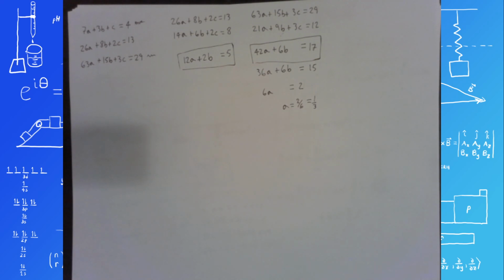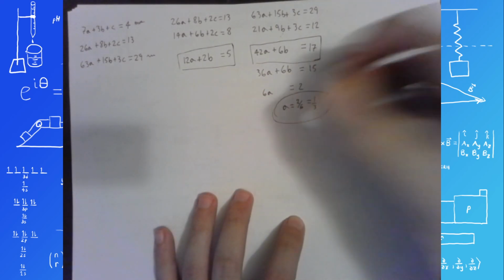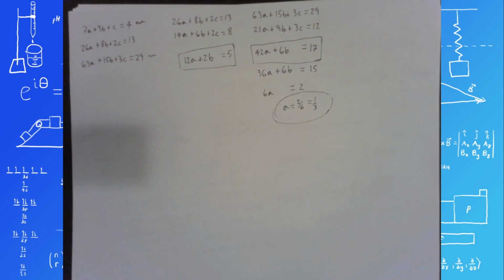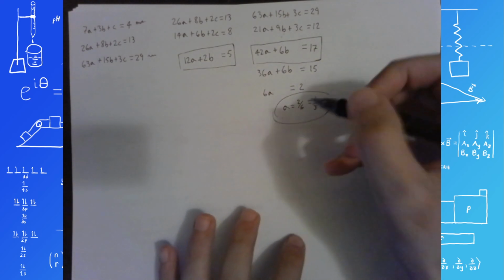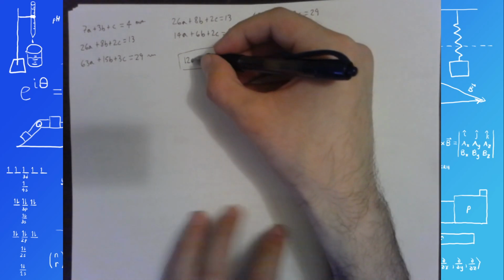Now we can plug it in to find b. Let's switch colors. I'm going to plug it in here. So 1/3 times 12.